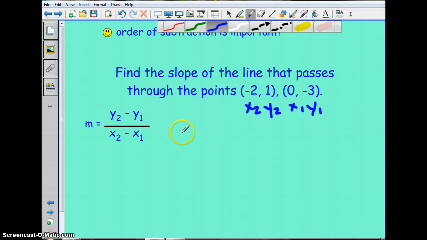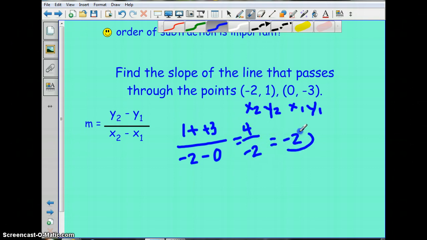So I have 1 minus a negative 3 over negative 2 minus 0. So 1 minus negative 3, we have pluses here. And a negative 2 minus 0 is a negative 2. 4 divided by negative 2 equals a negative 2. My slope is a negative 2.